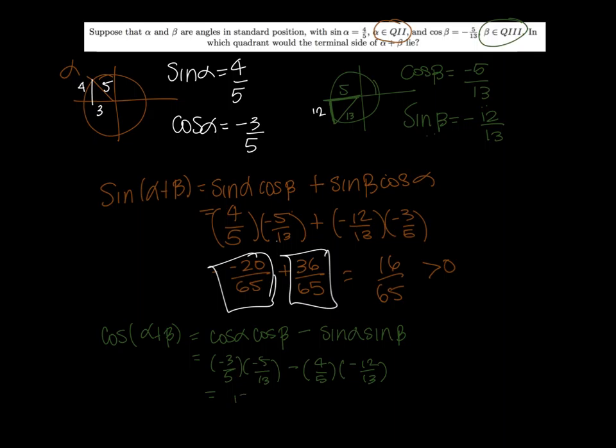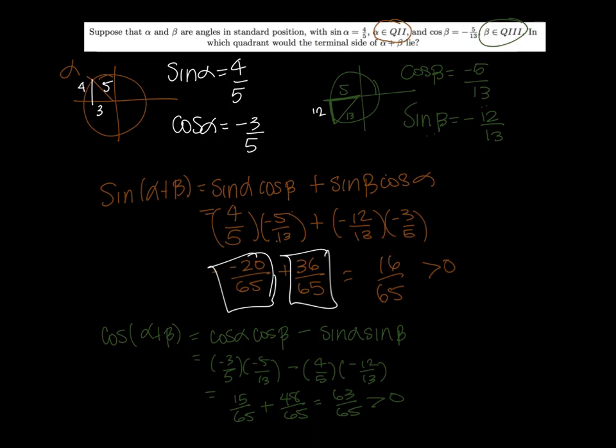So we're left with positive 15 over 65 minus, and I want you to notice that this product will be negative because we are multiplying a positive number and a negative number, but then when we subtract a negative and a negative, we are left with a positive, so I'll make that here. And this is 48 over 65, which actually gives us 63 over 65, also greater than 0.